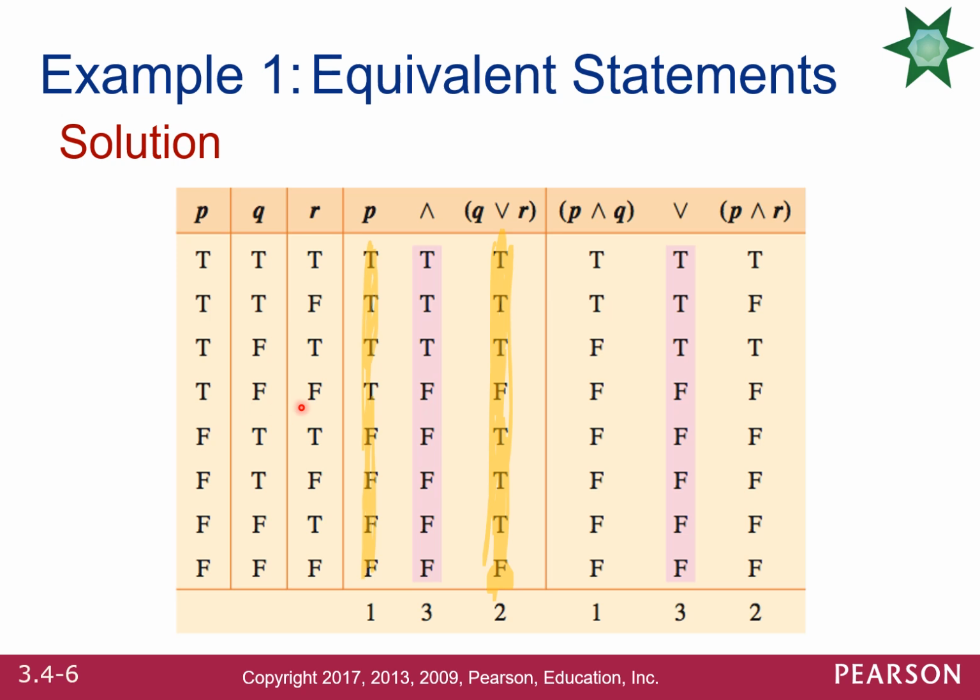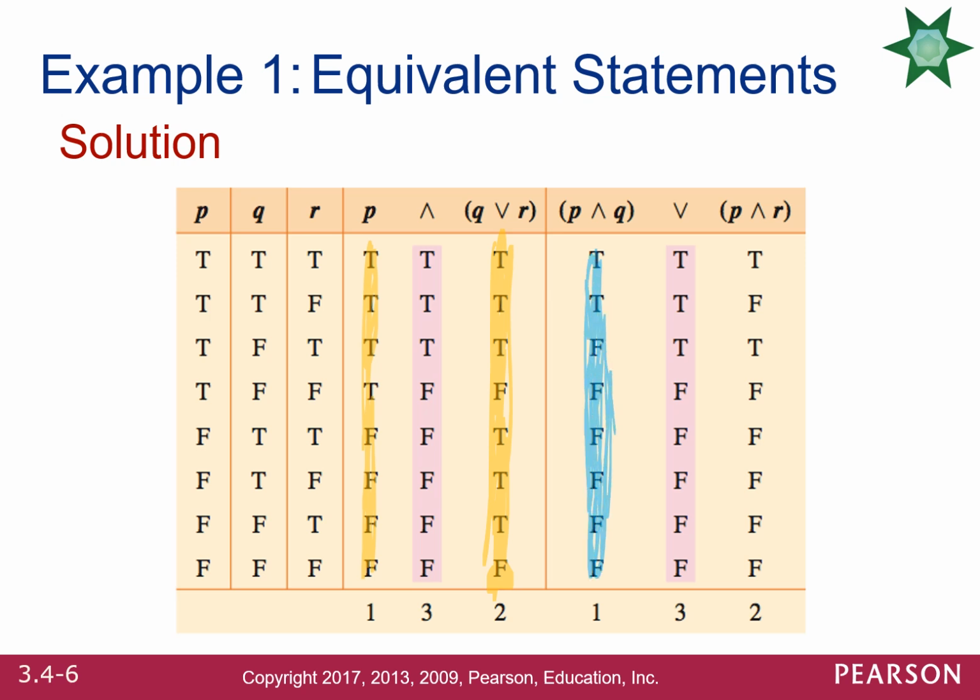Then we have true, false, false; false, true, false; false, false is a false; and false, false is a false. Correct? So we resolve this, and let me highlight that with a color here. This is too dark, so let's get something lighter. Maybe this blue.